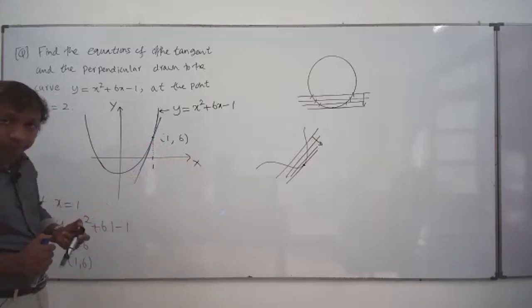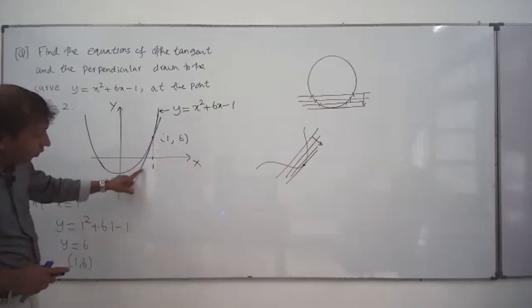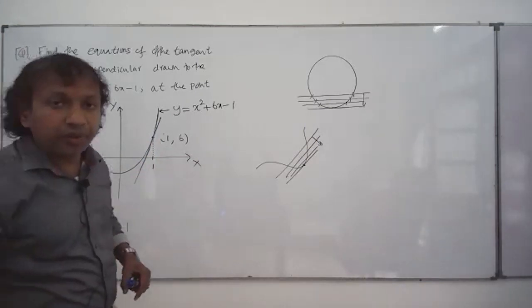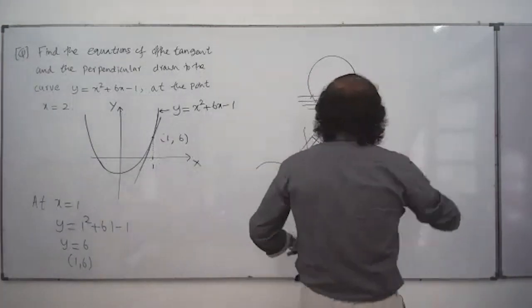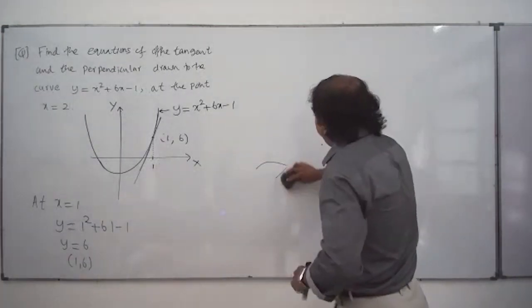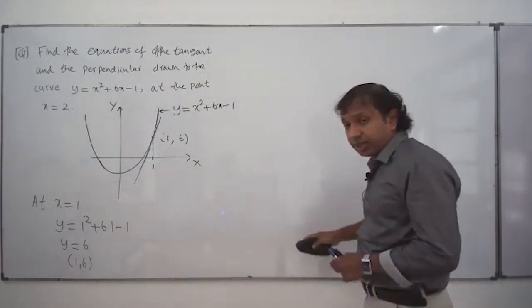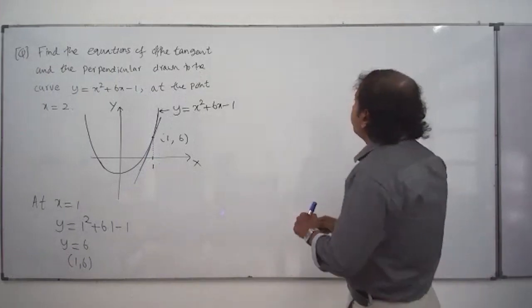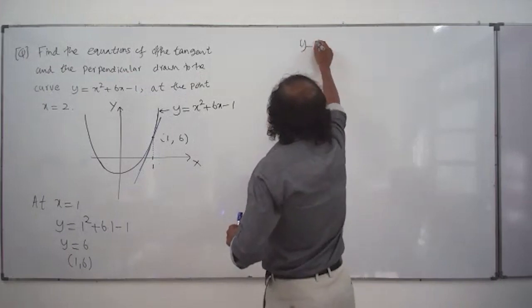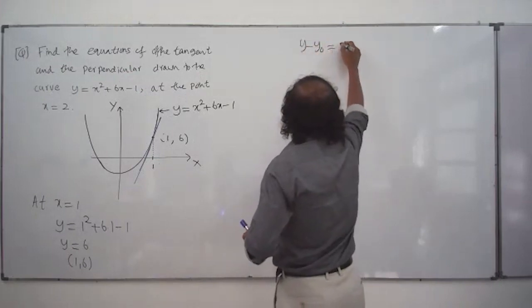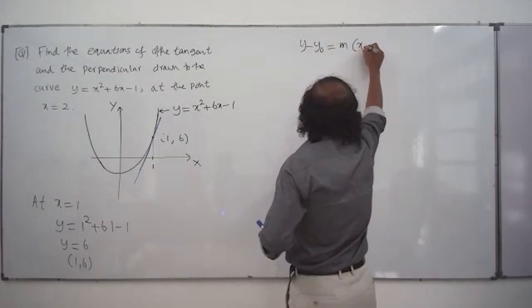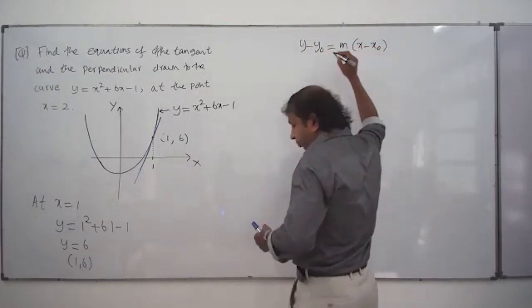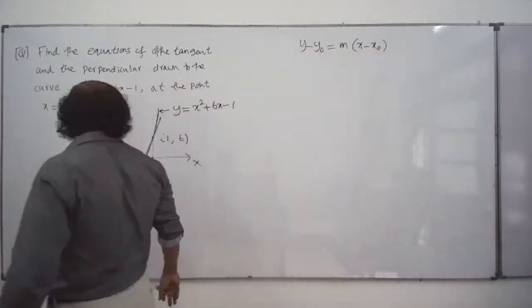Now, if we know the gradient of this tangent line, we can very clearly find the equation of the tangent line by using the equation we learned today: y minus y naught equals gradient times x minus x naught. Understood?